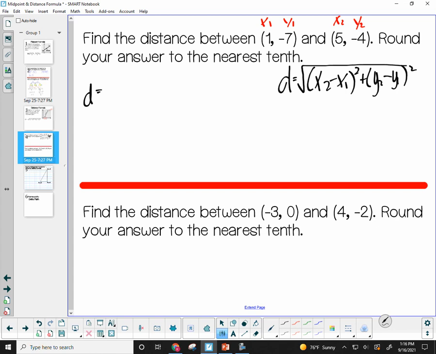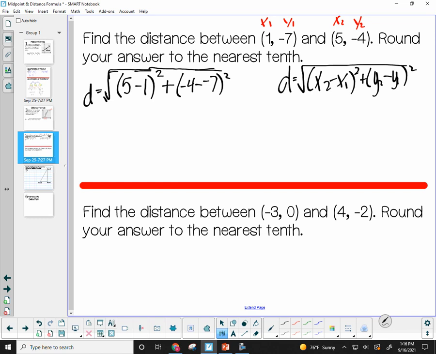We have d equals the square root of x sub 2, so my second x would be 5 minus x sub 1, which would be 1, squared, plus, now let's do our y. So I have -4 minus a -7.